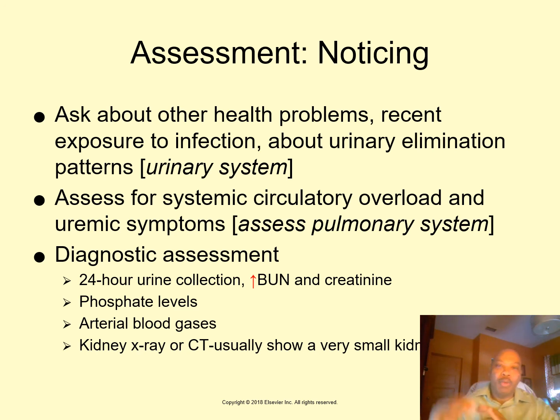Remember, bicarb is what buffers that acidic environment, which you hope will lower the acid levels in the blood. When the hydrogen ions increase in the blood because of failure of the kidneys to excrete an adequate amount, these patients would go into acidosis.